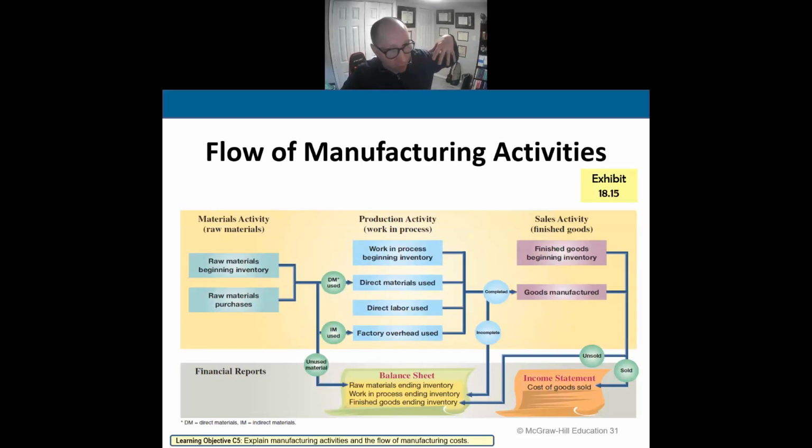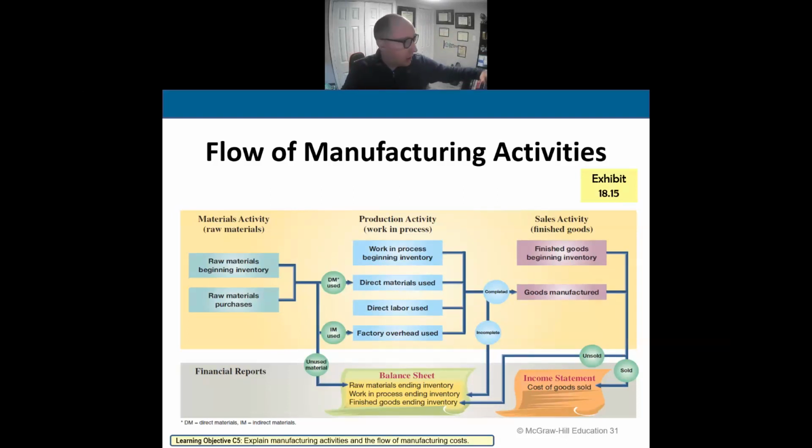As the materials flow, the cost is added in. It started as raw materials. I got raw materials beginning inventory plus any purchases I made for raw materials. I take those materials out of raw materials and I put them into work in process. I start manufacturing. I start the process, right?